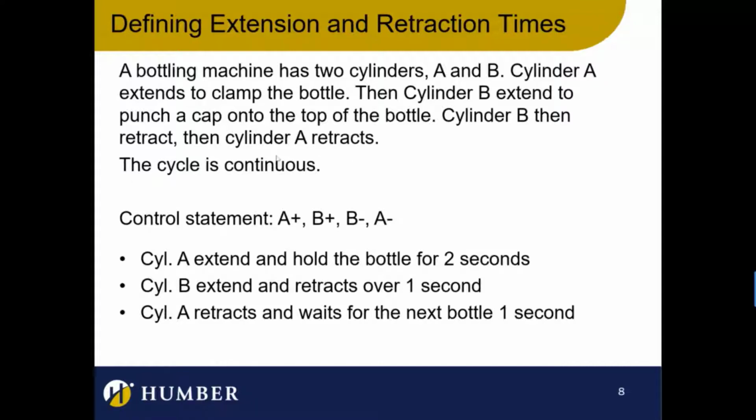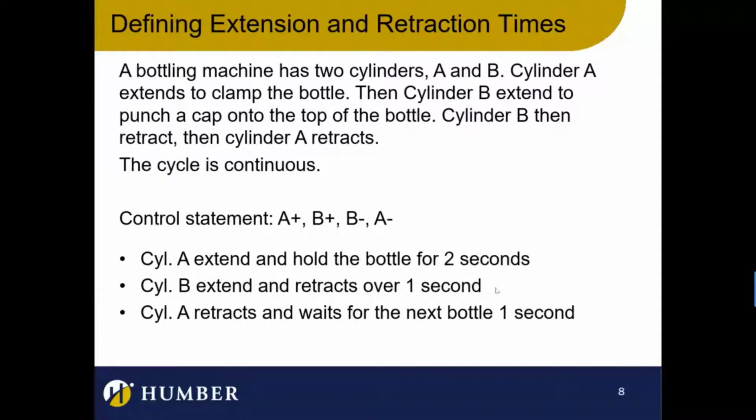Now, there's probably some kind of pause time before this, but what we're going to do is write the control statement down. This will help us define the times. Here, I've extended some of the times, so we have an example. Cylinder A extends and holds the bottle for 2 seconds. Cylinder B extends and retracts over 1 second.